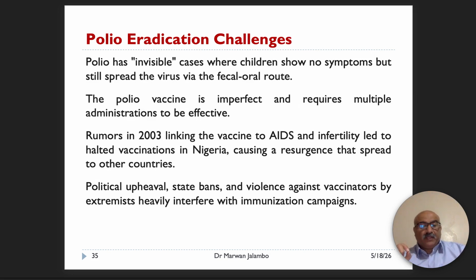Polio is proving far more difficult to eradicate than smallpox for a few reasons. First, many invisible cases occur where children spread the virus by the fecal-oral route without showing any symptoms, making it impossible to easily target small outbreaks. In addition, the polio vaccine is imperfect and requires several administrations to become effective.